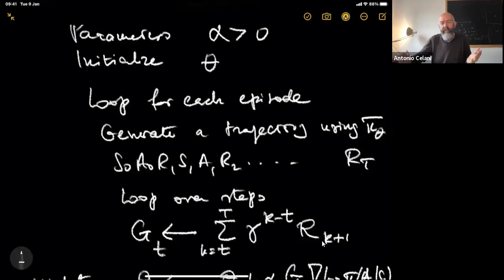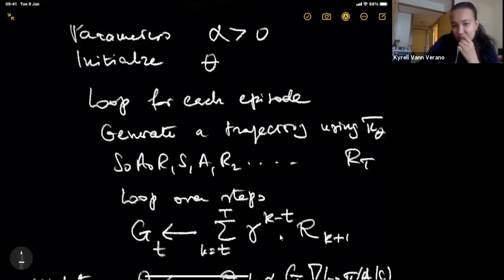If you can choose, you should choose it in order to be at least 1 over 1 minus gamma, because that's the typical horizon of your process. Otherwise, your sums here will be truncated before you can actually accumulate the objective. So your estimates will not be unbiased.